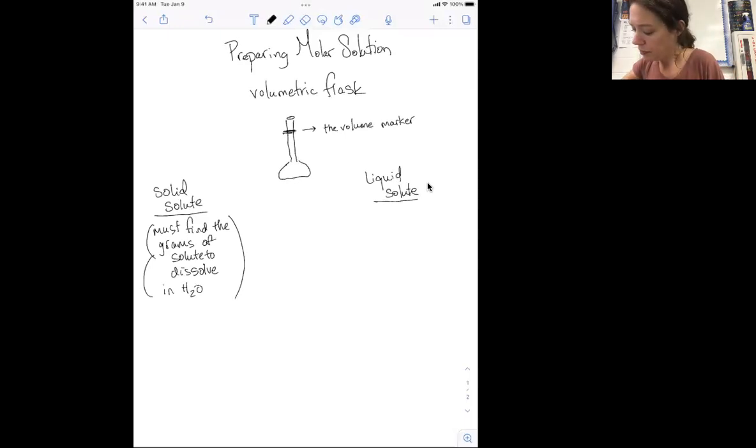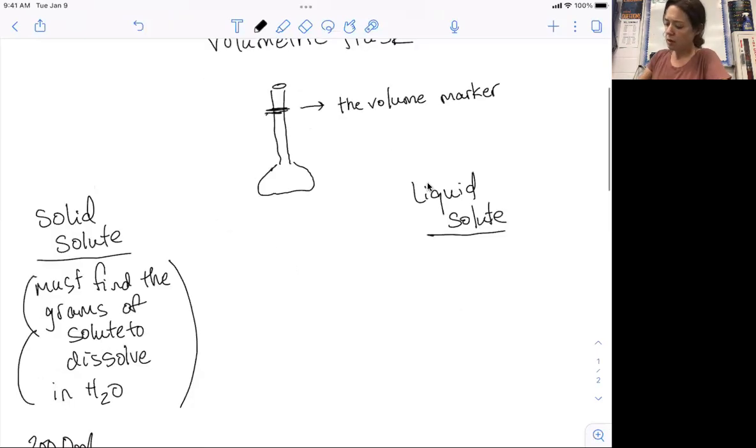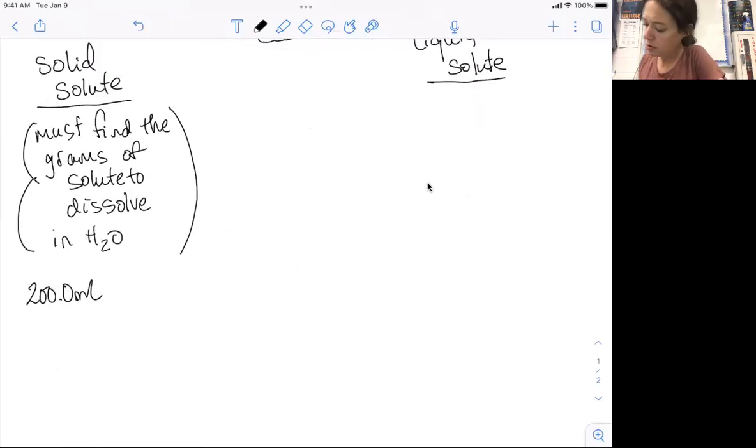For example, let's say I'm going to make 200 milliliters of a 2.0 molar solution from NaCl. NaCl is a salt, so it's going to come in a solid form. What will I do?